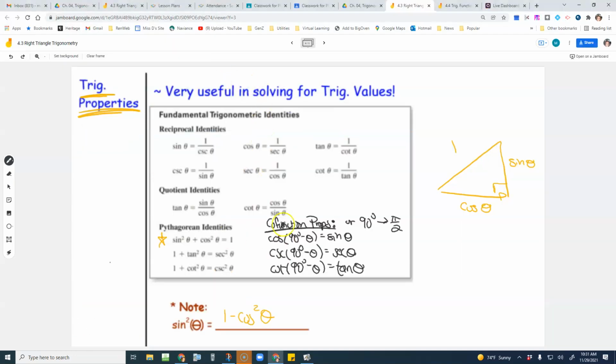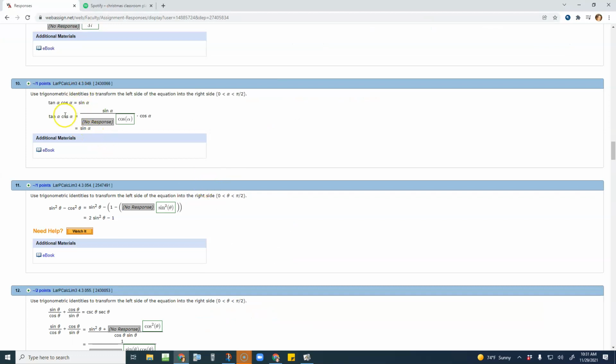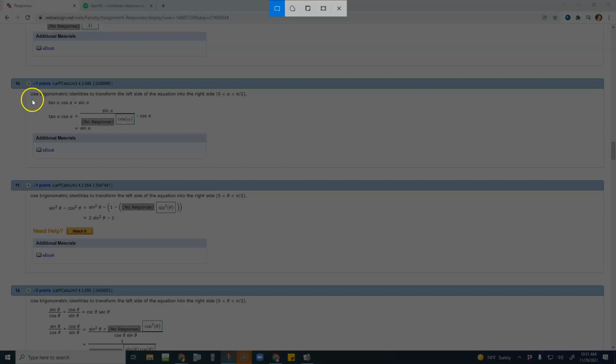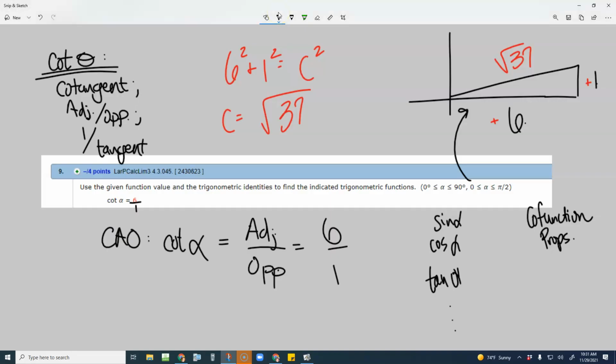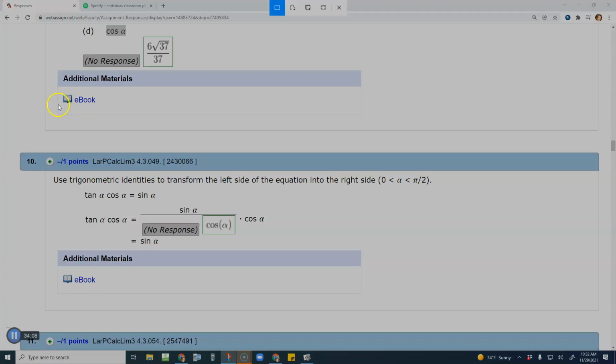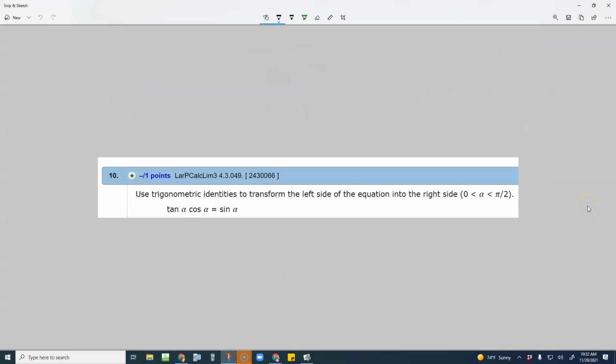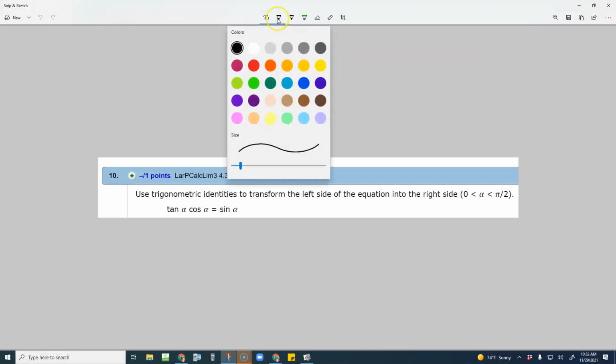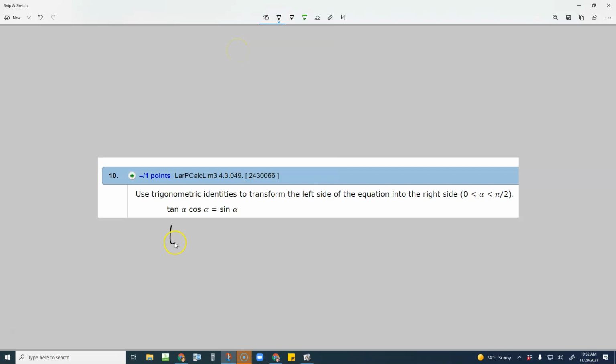Number 10. How similar is it? Oh, not at all, except it uses these properties because it says, hey, can you plug in something and make something look different? So when it says tangent of cosine, tangent of alpha, when it says show that this works, I can say, okay, I have tangent and I have cosine.